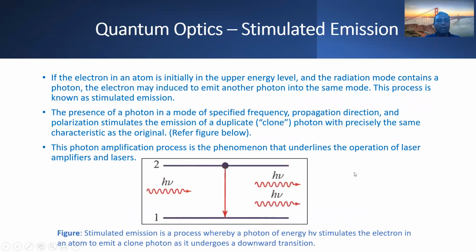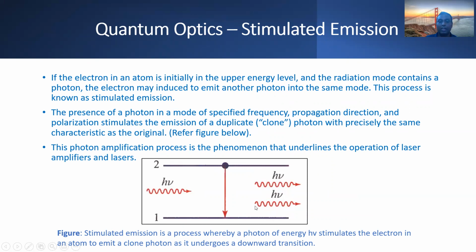Next one is stimulated emission. If the electron in an atom is initially in the upper energy level, and the radiation mode contains a photon, the electron may be induced to emit another photon in the same mode. It will have another photon in the same mode. This process is called stimulated emission. The presence of a photon in a mode of specified frequency, propagation direction, and polarization stimulates the emission of a duplicate, called a clone photon, with precisely the same characteristics as the original.